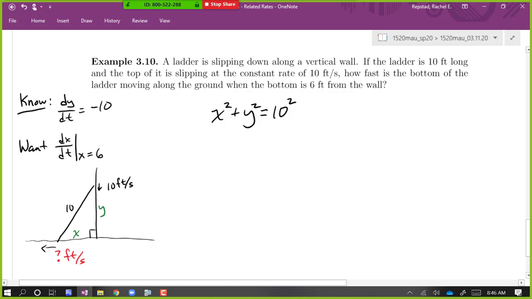So we know dy dt, we want dx dt. We have an equation with just x and y as our only variables, which means we're in pretty good shape. The next thing we can do is take the derivative. Let's differentiate with respect to time. What equation do we get when we differentiate this with respect to time?